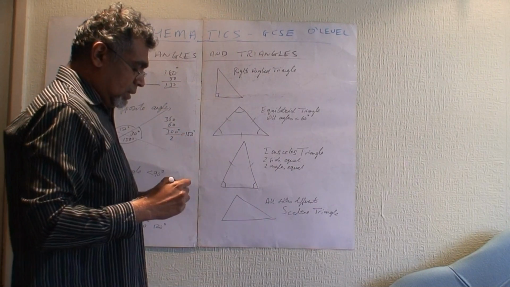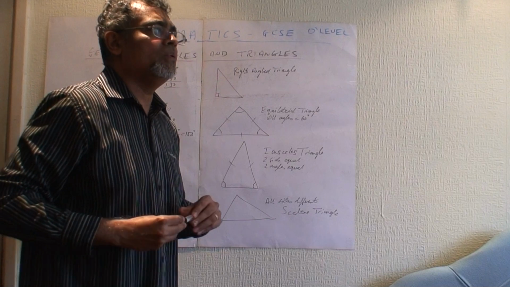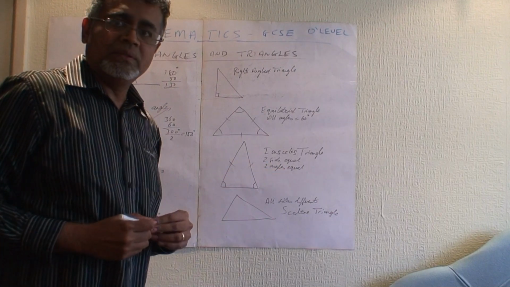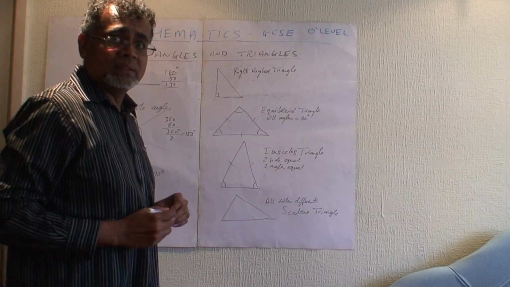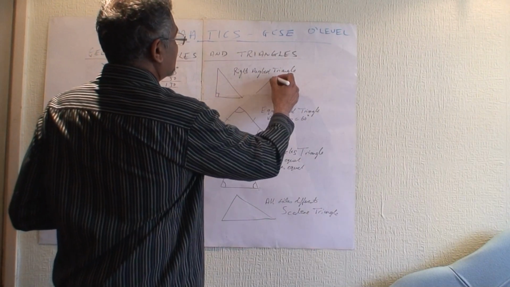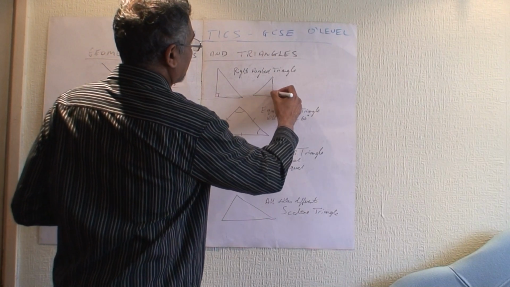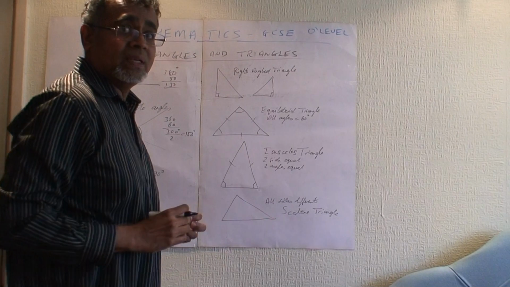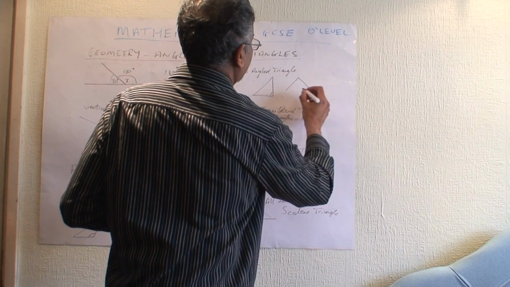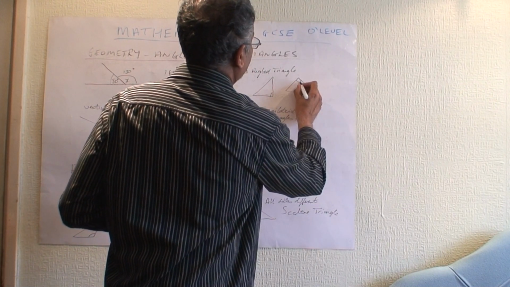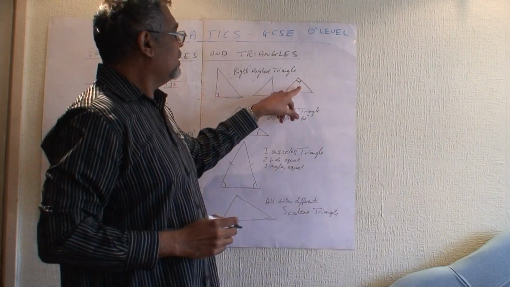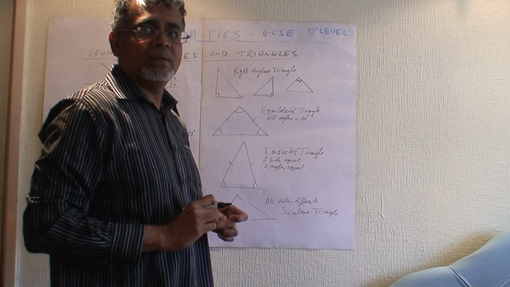So any triangle where one of the angles is equal to 90 degrees will always be known as a right angle triangle, even if we have a triangle that's shaped in this direction. That is also called a right angle triangle. If we have a triangle that looks like this, and this is the right angle there, it is still called a right angle triangle.